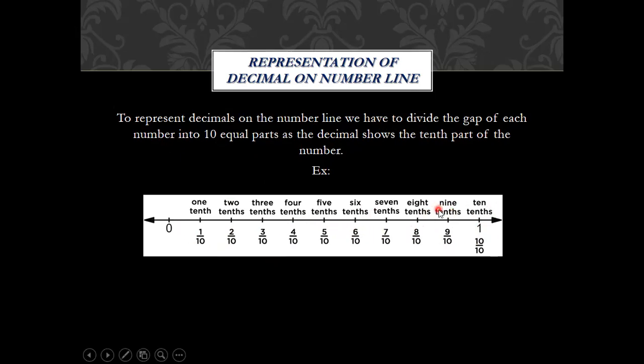The best example you can see on your scale: from 0 to 1 there will be 10 small lines. That means 1 by 10, 2 by 10, 3 by 10, 4 by 10, 5 by 10, 6 by 10, 7 by 10, 8 by 10, 9 by 10, and 10 by 10. 10 by 10 means you will get 1.